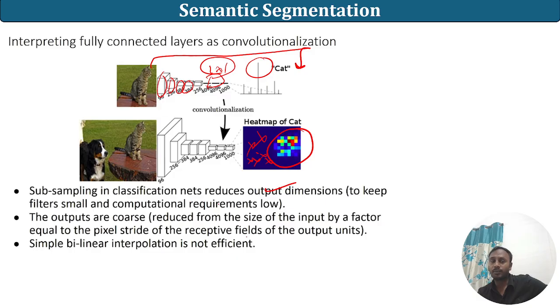The output is reduced from the size of the input by a factor, so the output is much lower than the input. It means bilinear interpolation is not going to work, so we have to introduce the fully connected network.